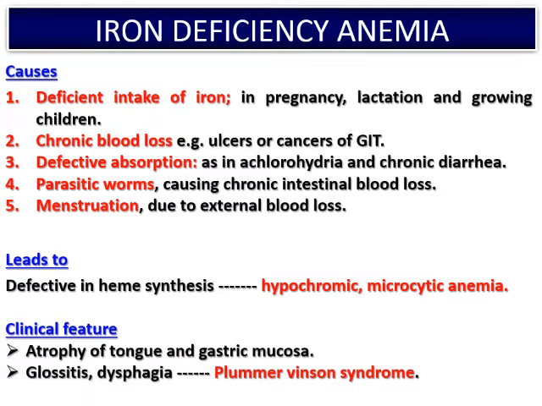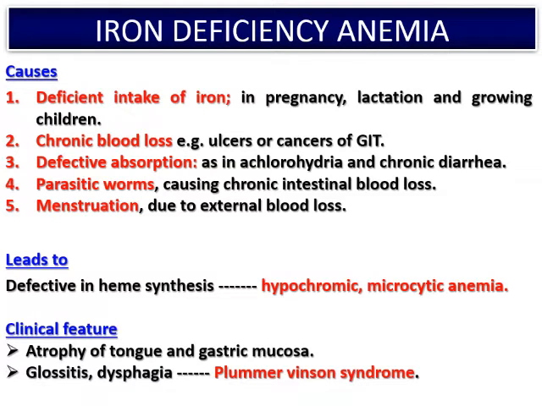Iron deficiency anemia is a type of anemia that can occur due to decreased intake of iron in the diet, or increased demand for iron like in pregnant and lactating women.